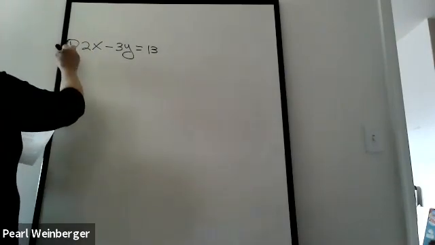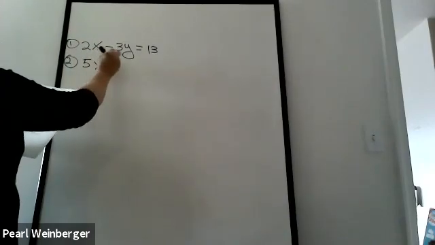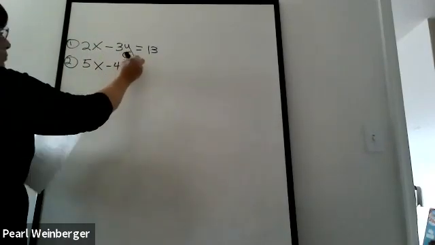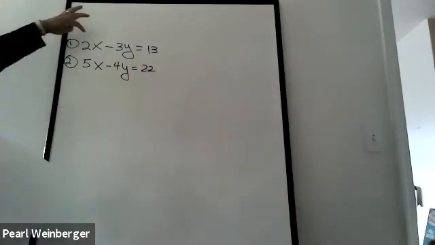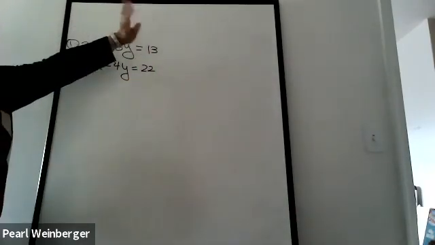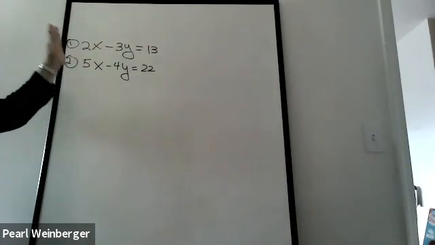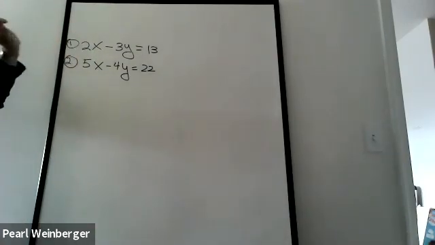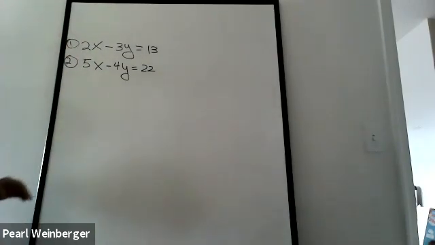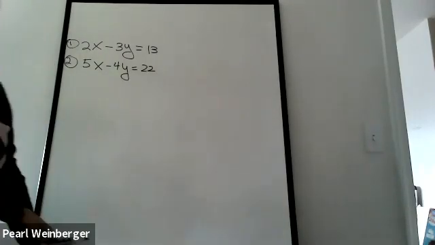And the second equation is 5x minus 4y equals 22. Notice they are both written in standard form. If they're not, and we want to use the elimination method, we have to have the equations in standard form. They're both in standard form. I want you to use the elimination method to solve the system of equations.